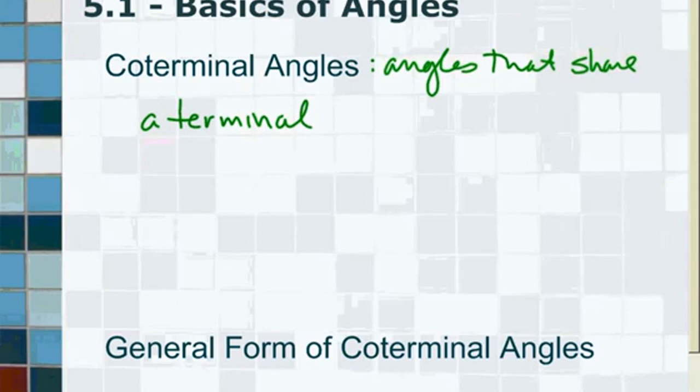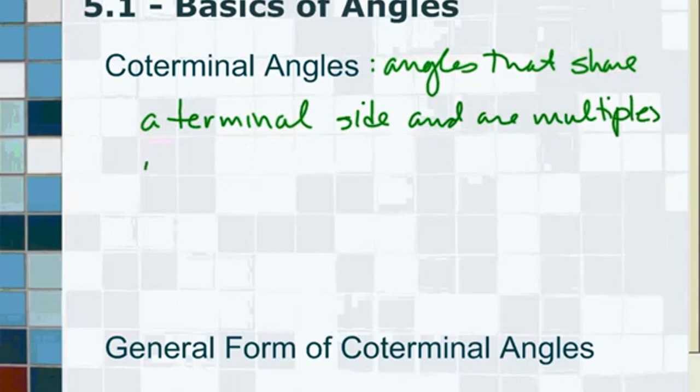Company, together, codependent, dependent upon each other. Cooperative, working with each other. So they share a terminal side and are multiples of 360 degrees apart.